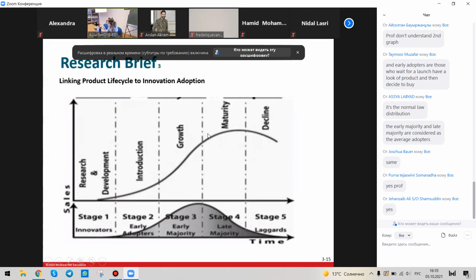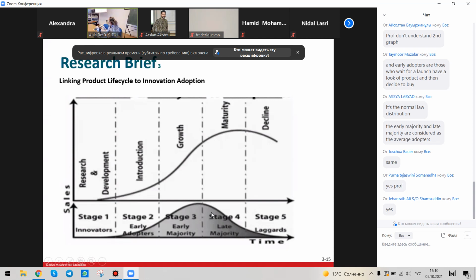In the growth, we will have the early majority, and we say that this is the preliminary phase to the mass market, together with the maturity, in which we have the late majority, that is the consolidation of the mass market.